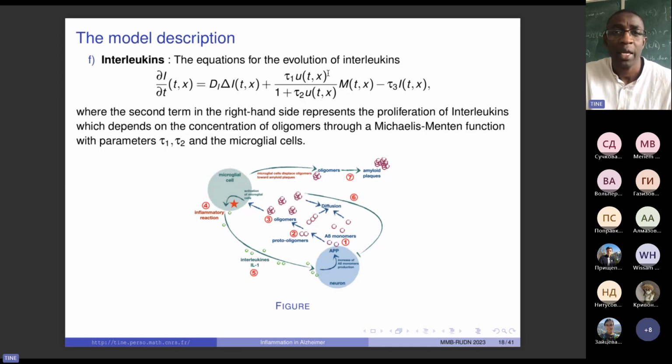That's why this term depends on this Michaelis-Menten function of u, and is also multiplied by m. Again here, tau 3 is just the degradation rate that we take into account. If there is no degradation, we take tau 3 equal to 0, right?